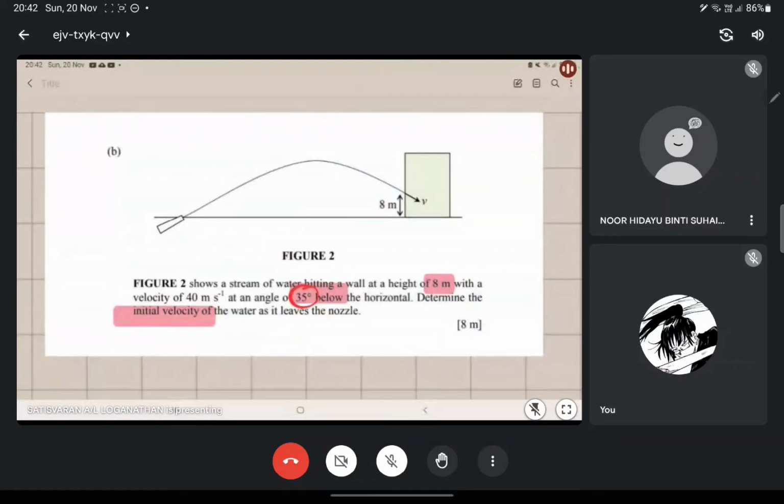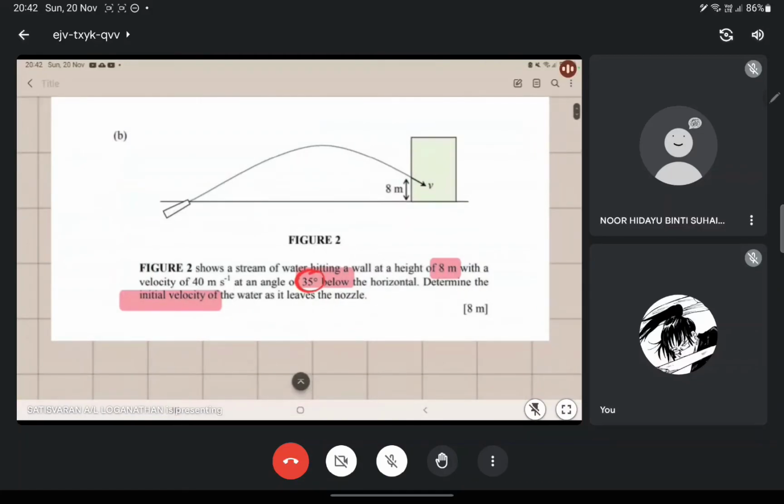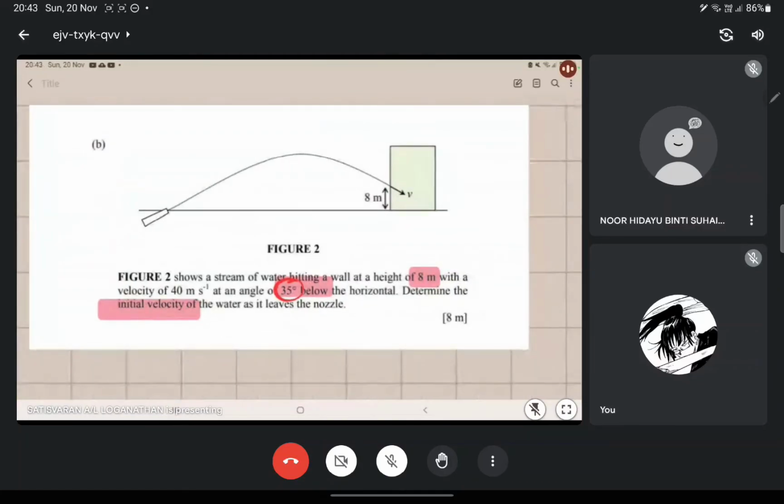So for question 2B, PSPM 2019. Okay, the question says figure 2 shows a stream of water hitting a wall at 8 meter with a velocity of 40 meter per second at an angle of 35 degree below the horizontal. Determine the initial velocity of the water as it leaves the nozzle.